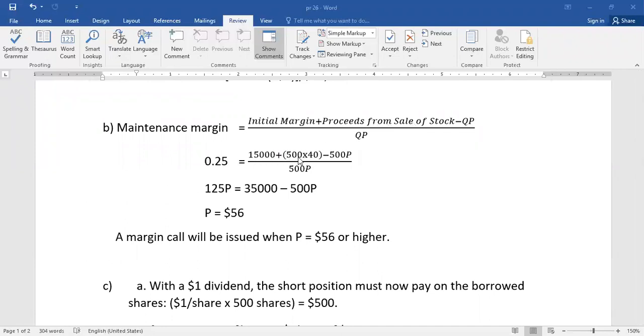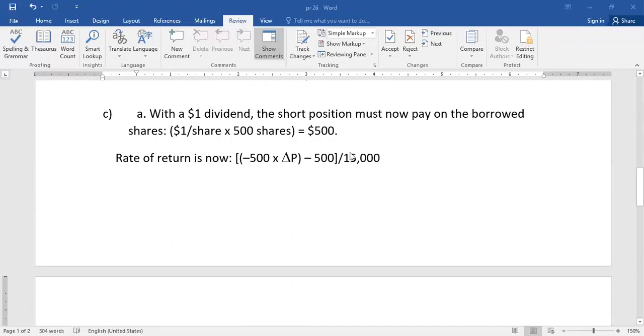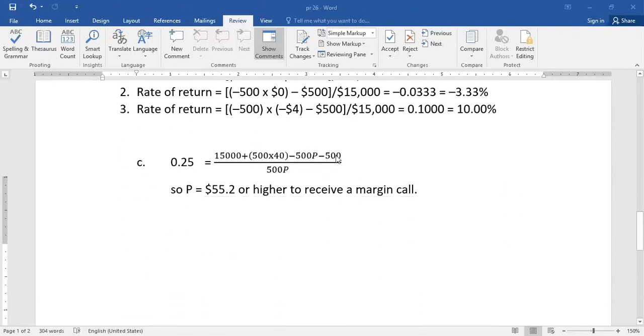I sold 500 shares at $40 per share, minus 500, which is the number of shares, times P. But what do I add to this? I have paid $500 extra in dividend. So it's the same thing, all of it, but I have an extra cost. I have an additional cost. Okay, so I have my initial margin, $15,000.